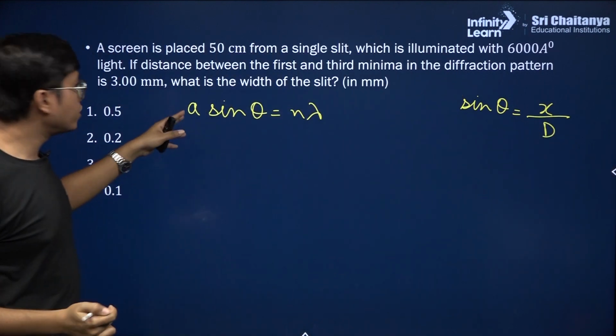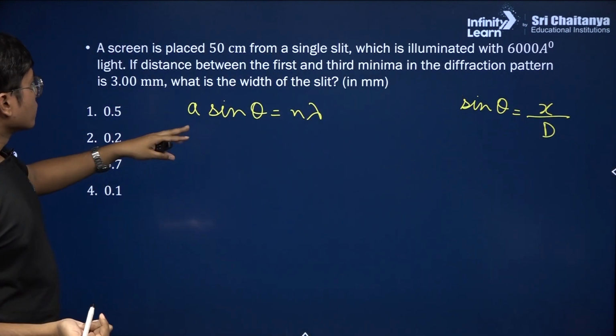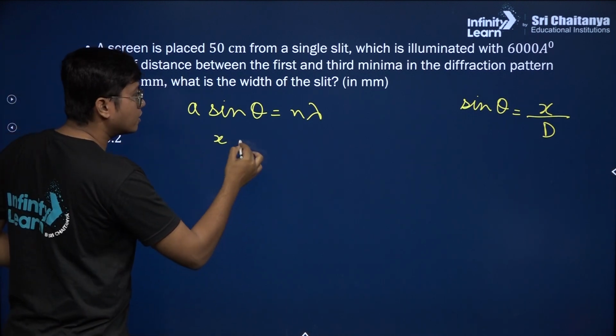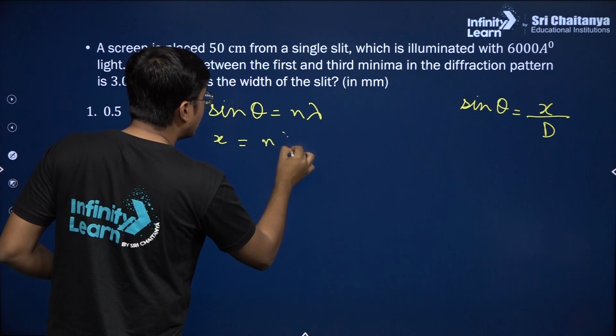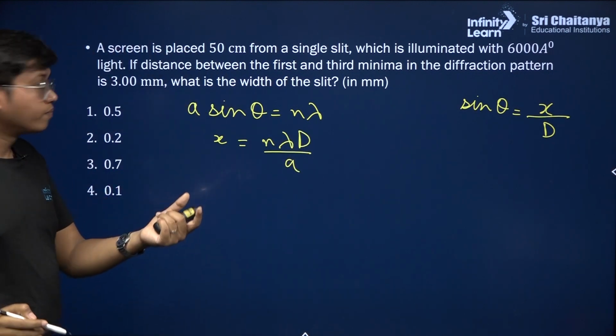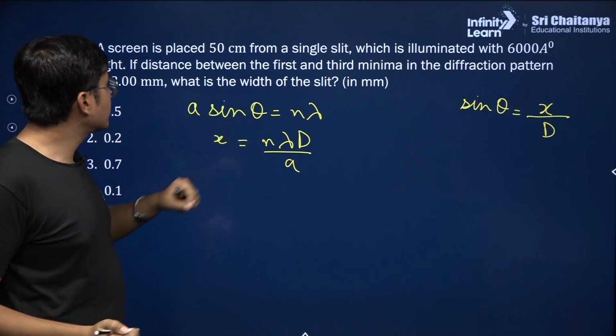So we can even represent this as x is equal to n lambda capital D divided by a. a is the slit width. The question asks us for this slit width itself.